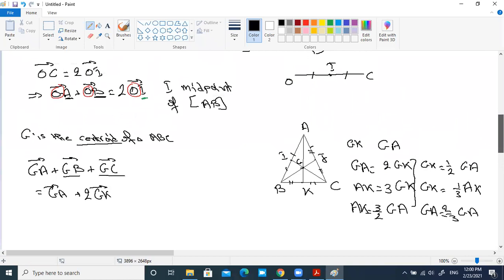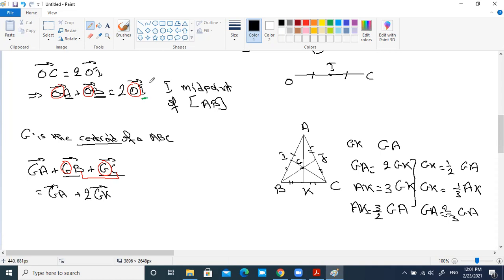Recall that OA plus OB is 2OI, where I is the midpoint of AB. Here we have the same initial point G, for GB and GC, so the answer will be 2G something, the midpoint of BC, which is K. So the answer is 2GK.